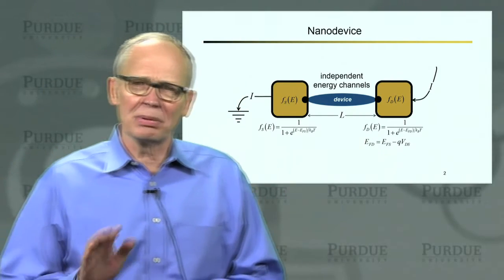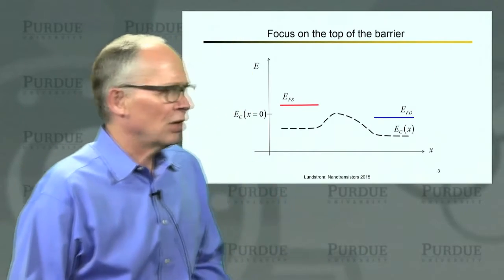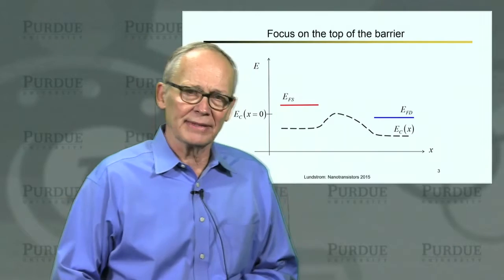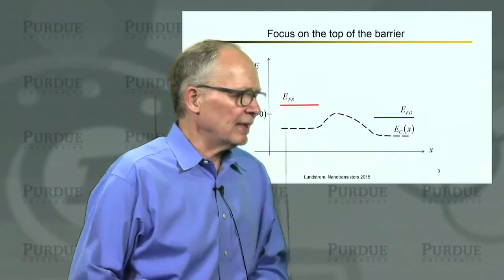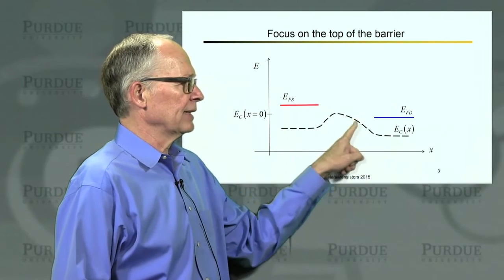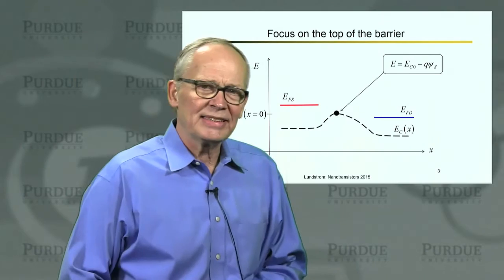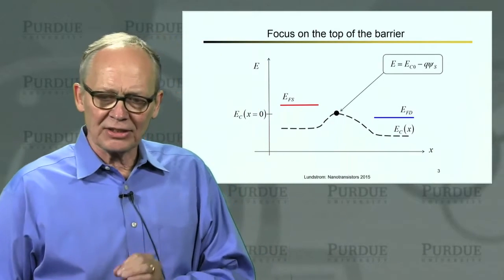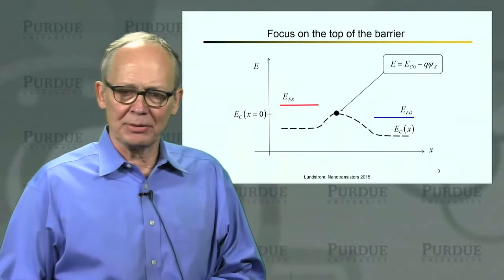And now we'd like to apply this to a MOSFET, and it looks a little different from a MOSFET. So let me talk about how we think about the MOSFET as a nano device. Here's an energy band diagram. You can see there's a drain bias, there's a gate bias that has pushed the barrier way down. And as we've seen, most of the action of this device takes place at the top of the barrier.